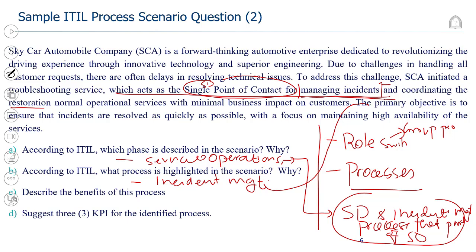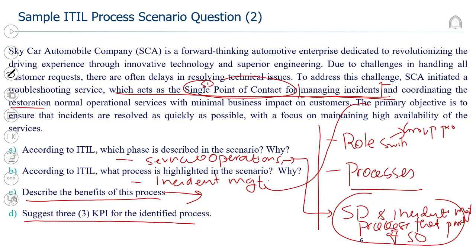The KPIs describe the benefit of this process. You can go to your slides. There's lots of them, but I would need you to be able to describe. This one you won't get from the case study. This now requires your knowledge of, for example, the slides, or whatever. And also suggest 3 KPIs. There are lots of KPIs that you can suggest from.